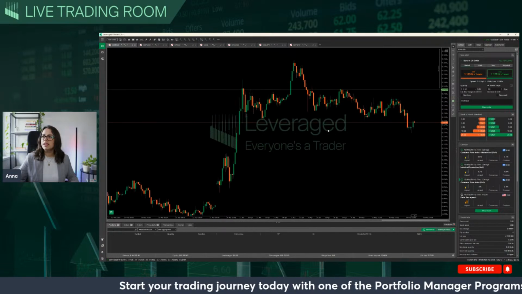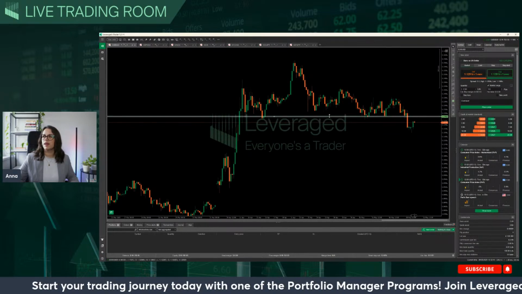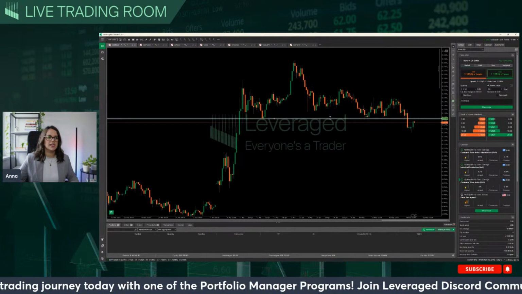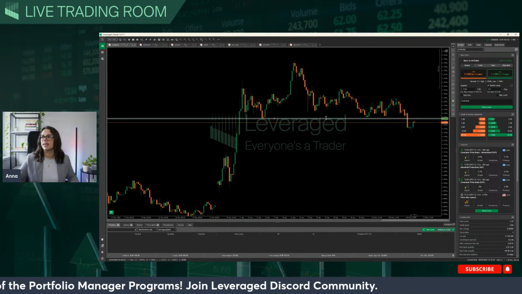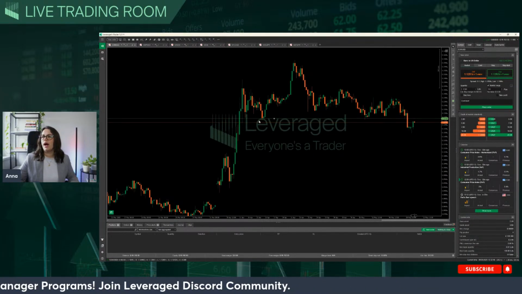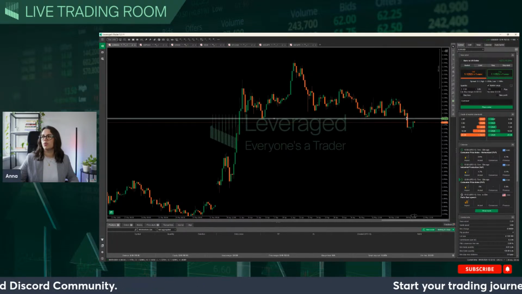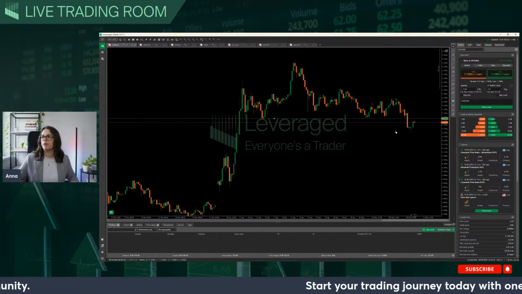So really interesting situation. In the beginning of the week, I did the live stream on Monday, and we set our key levels where I was thinking about what's going to happen here. What happened was, as you can see, this support area right here was broken. So we broke, and now we are coming for the retest.